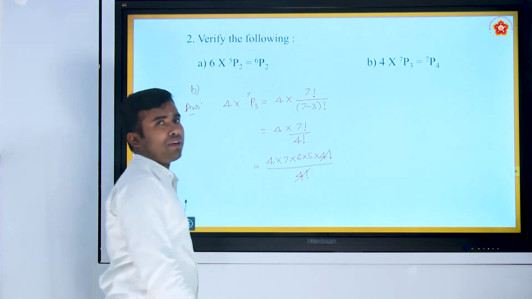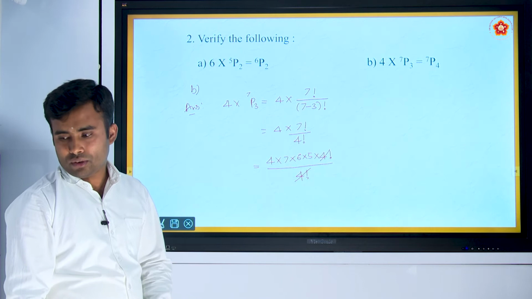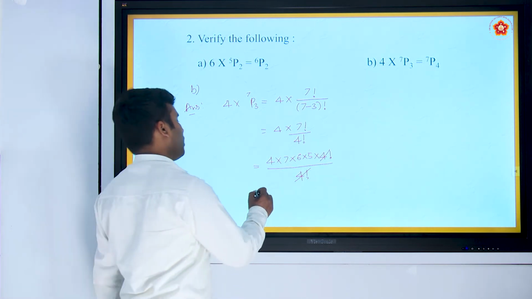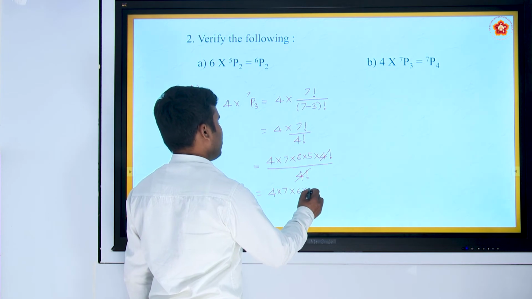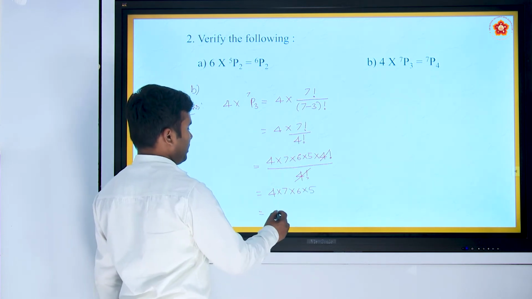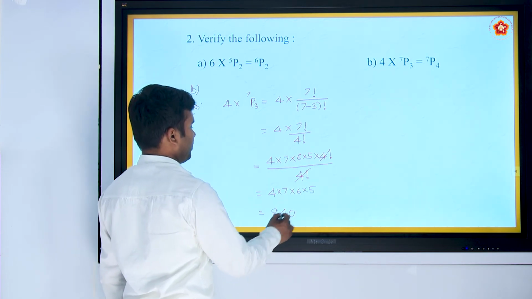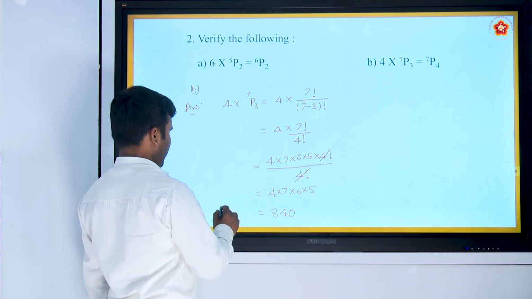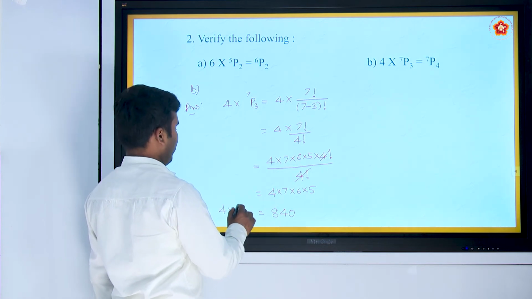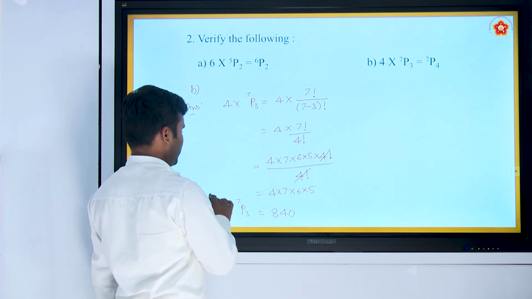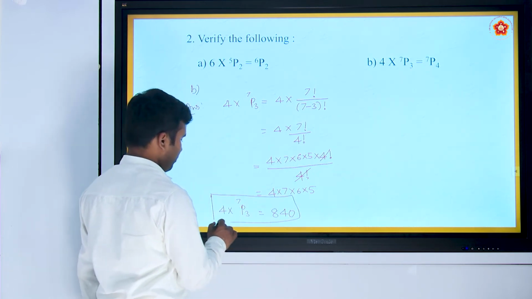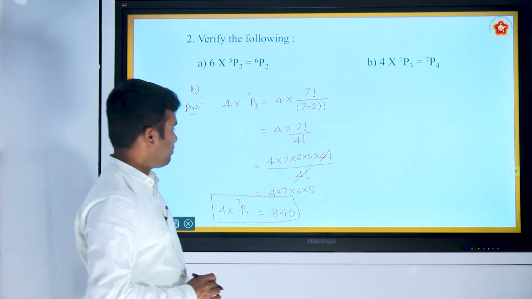The 4 factorial will get cancelled. So I have 4 into 7 into 6 into 5. The value will be 840. So on the LHS side we got 840, that is 4 into 7P3.